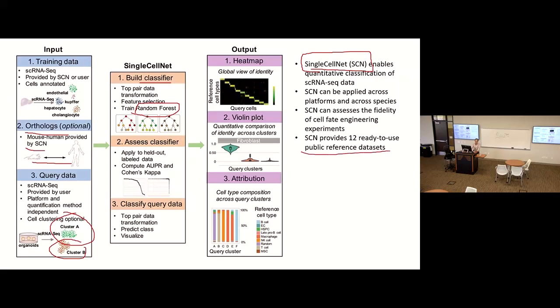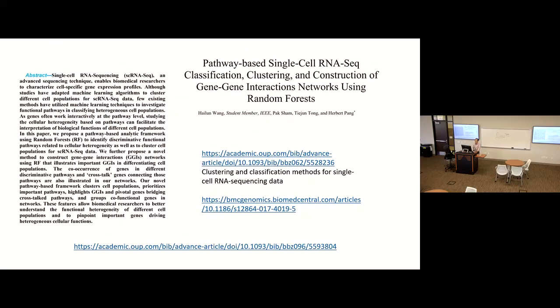Basically, these are the different pipelines people use to do this. This is another paper, also using random forest and emphasizing pathway-based features. It can do clustering, classification, and build an interaction network.